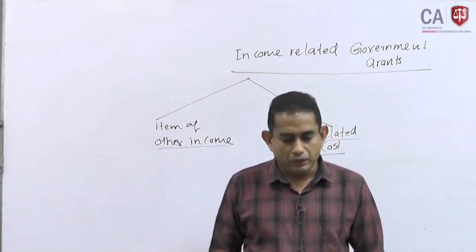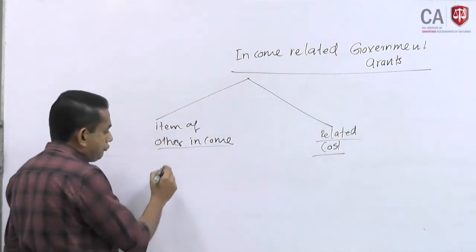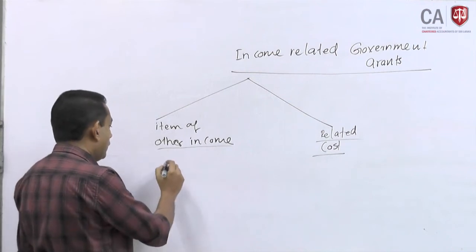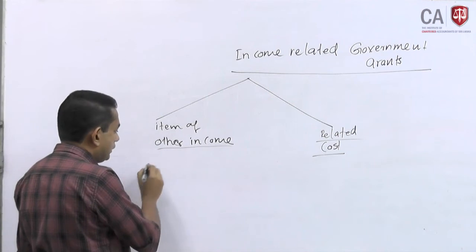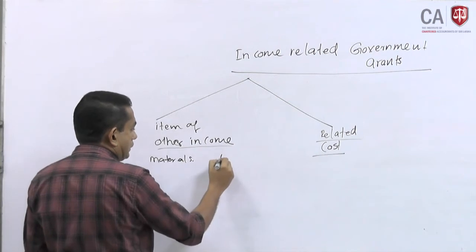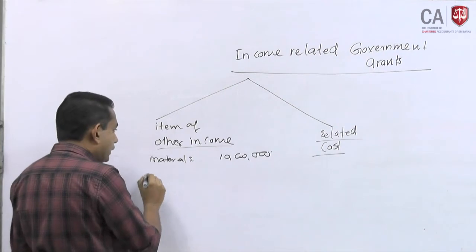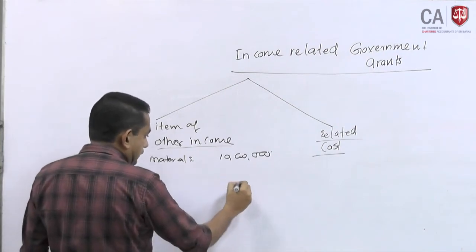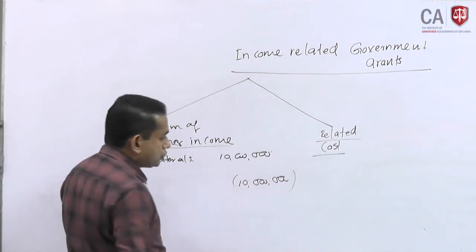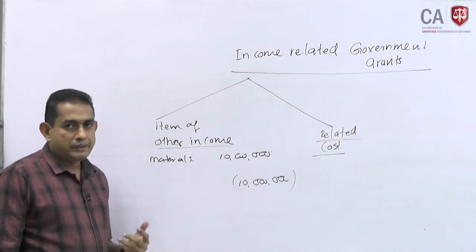Now, say we are in the rubber industry and the chemical materials cost 10 million rupees, and the government has given 10 million rupees as a grant, to cover the entire cost of chemicals, the government has given their subsidy.